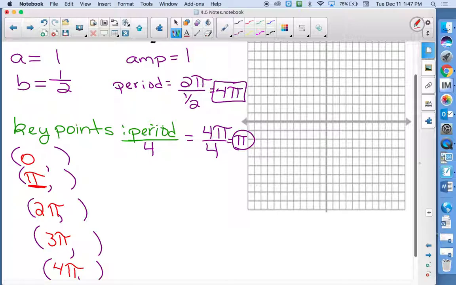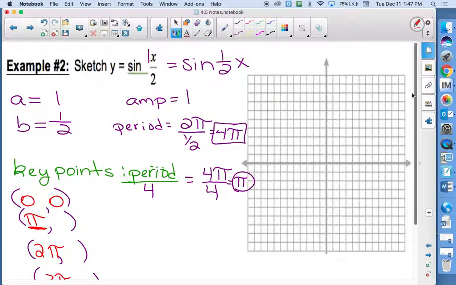So looking at the y values, the sine of 0 is 0. So the first y value is still 0. The second value says pi, but if you go back to your equation, it's really pi divided by 2, because that's x divided by 2. So the sine of pi divided by 2 is 1, which was the same original y value. So the y value isn't changing.